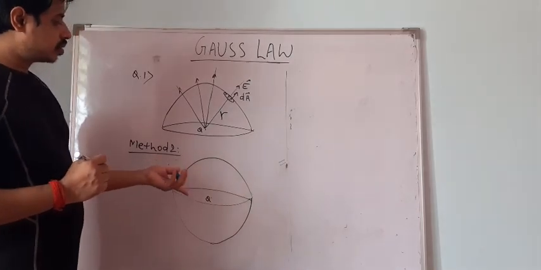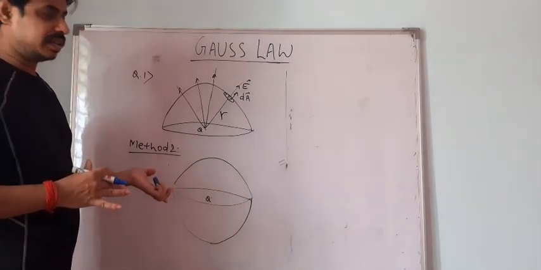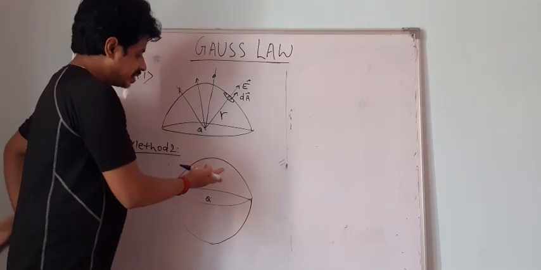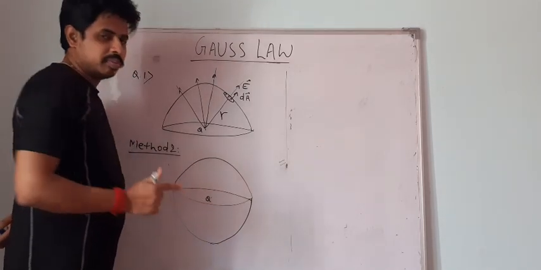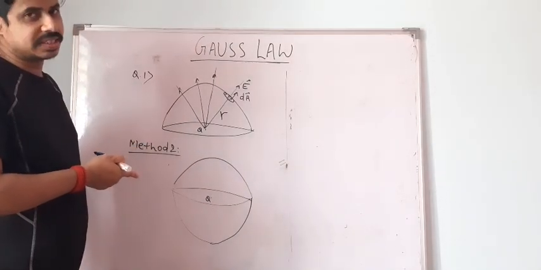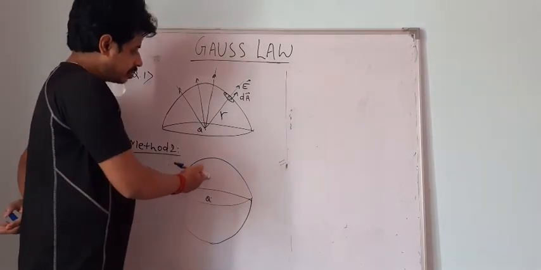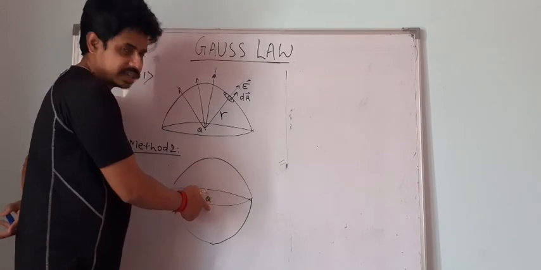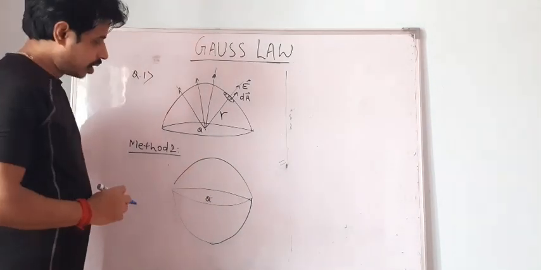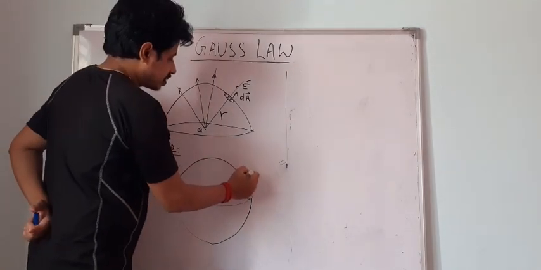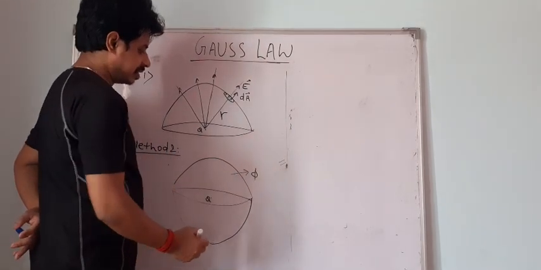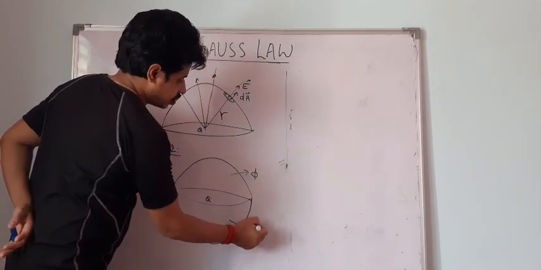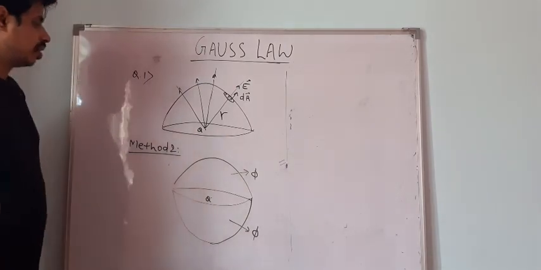So using Gauss law and from the symmetry, we can say that the upper half and lower half must both contribute the same flux. Whatever be the flux associated with the upper half, the same flux must be associated with the lower half also. So let a flux phi be associated with this, so phi is also associated with this.